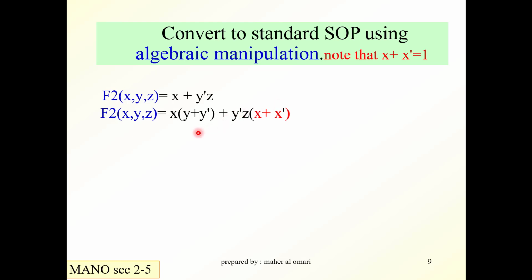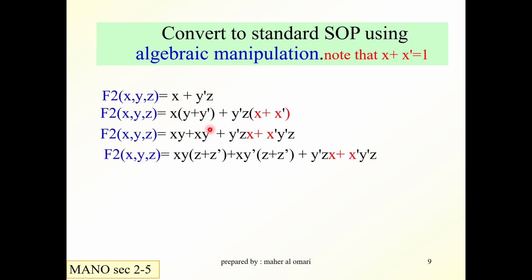Okay? So we distribute this and we get xy, which is this, ORed with xy bar, or y bar z ANDed with x, y bar z ANDed with x bar. Okay, now this term is missing the z literal, and this one is missing the z literal.